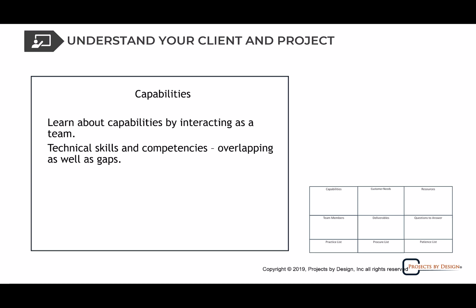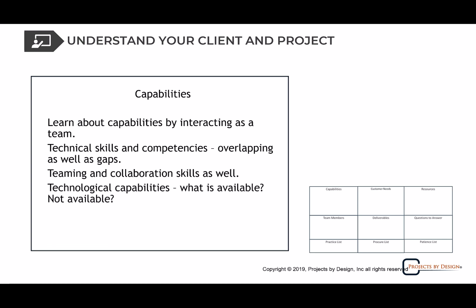Where there's gaps, that's going to lead us to our understanding of what resources we may not have, right? As well as capabilities. We want to make sure we also include the teaming and collaboration skills as well, but also technological capabilities, what's available and what is not available. Anything else that's required of me or the team or something of that nature.